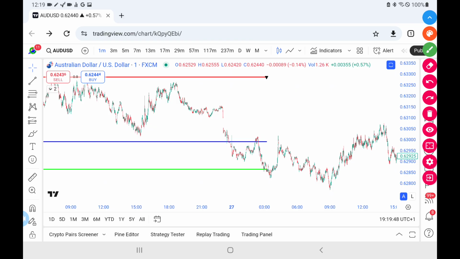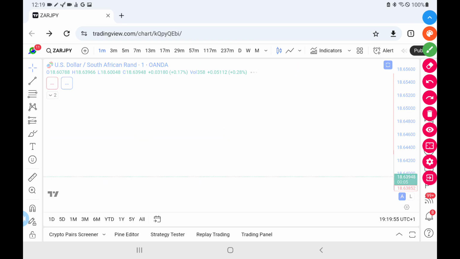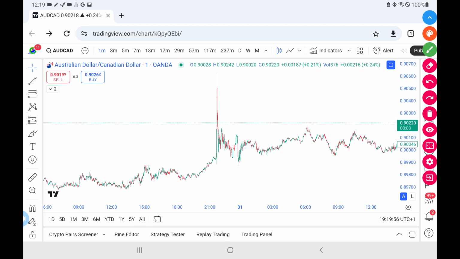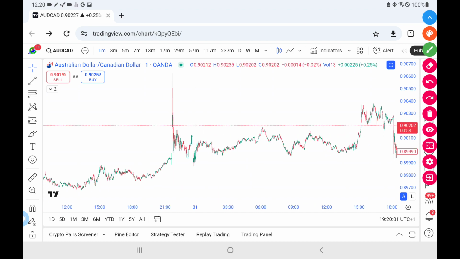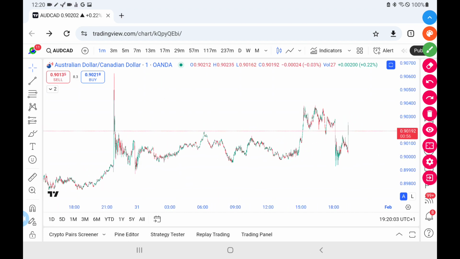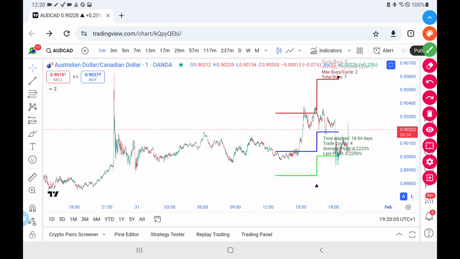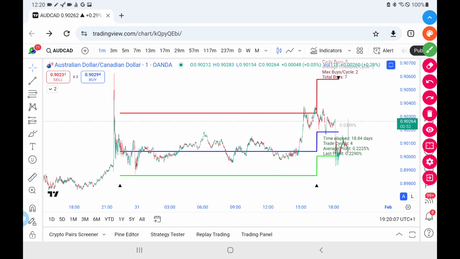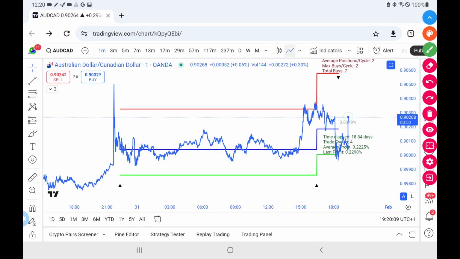So let's go and see how that looks on the chart. But first, let's go up to Australian Canadian, and we're going to make a slight change to the chart. We're going to go to a line mode. And now from here, I want to add my comparison of Australian dollar.